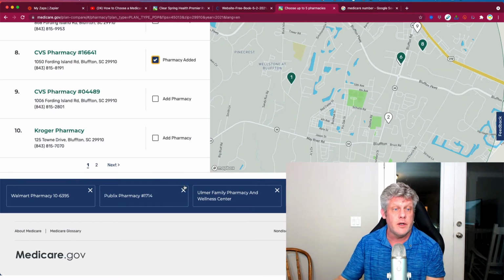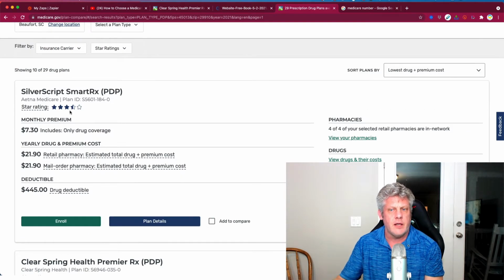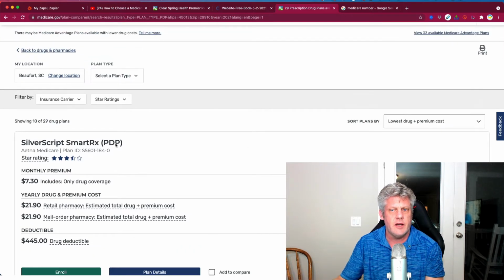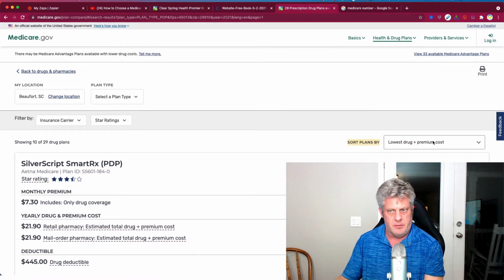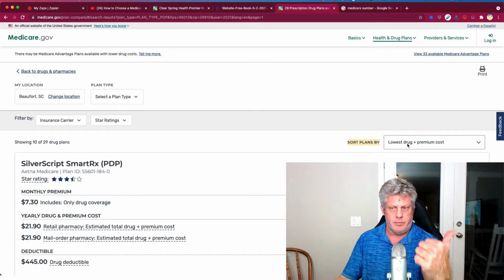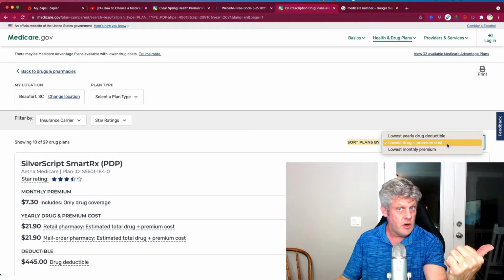All right, so here we go. Who comes in first place? Now, before we compare plans, you see right here where it says sort plans by? I always have it at lowest drug cost plus premium cost. Basically, they look at the premium and at your share as far as your co-insurance and co-pays for the drugs.